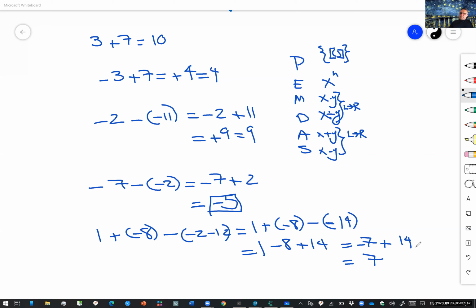And take the sign to the left of the larger number, so positive. And of course, you're just going to type in 7 as the final answer. You see how that works? Nice and simple, right? When you do it like this. All right. Any questions on this business before we move on?